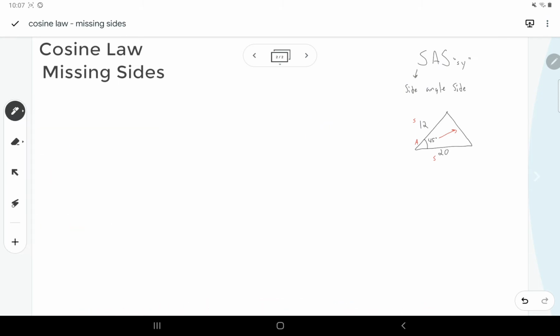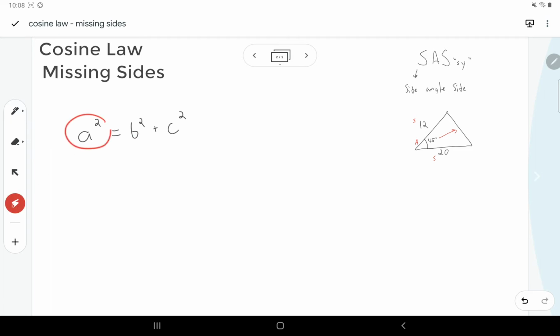Okay, so the first version of the formula that you've probably seen is this one, a squared. Now that's little a, so that's a side. So that's the side we're looking for. Equals b squared plus c squared. This might look familiar. All those squares might look a little bit like Pythagoras. We're still dealing with triangles, but there's a modification here. So we got a squared equals b squared plus c squared.